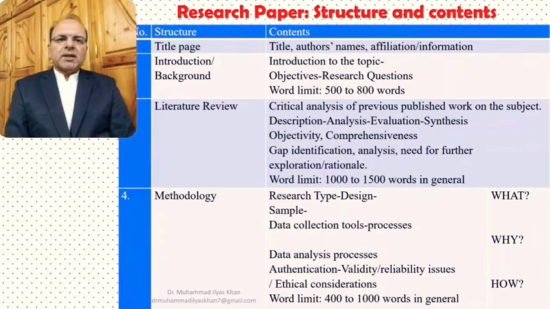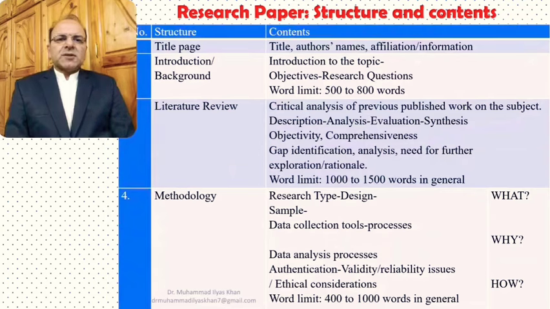This is then followed by the literature review section, which is in some cases combined with the introduction and background in certain papers, following the requirements of specific journals. But in many cases, the literature review part is a distinct part, a separate part in the research paper.